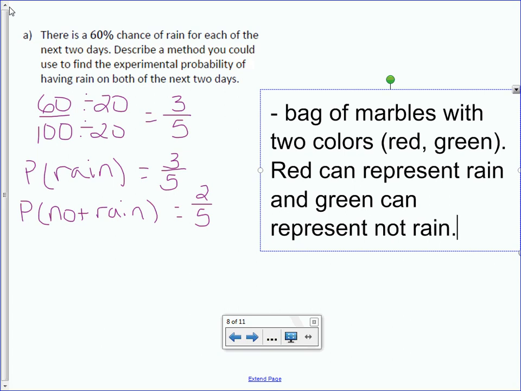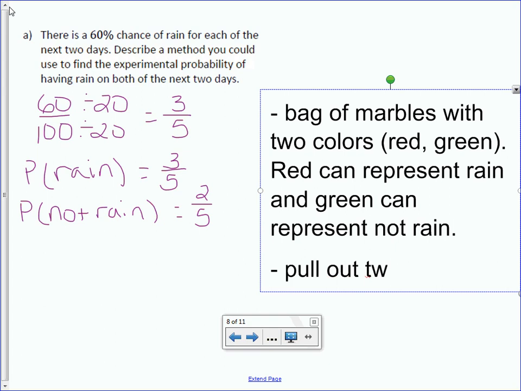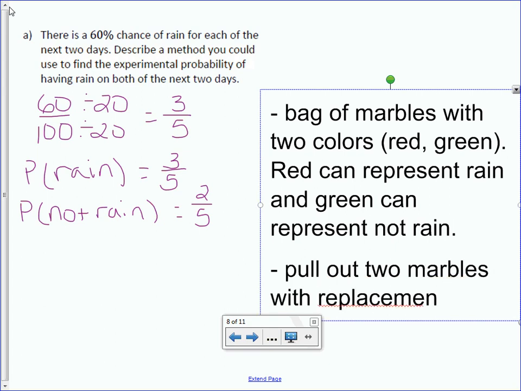Okay? Then what we need to do, because we're concerned about 2 days, is we could actually pull out 2 marbles with replacement. Again, we want to pull one out and put it back, then pull another one out. And this would help us determine the experimental probability of rain happening on those 2 days.